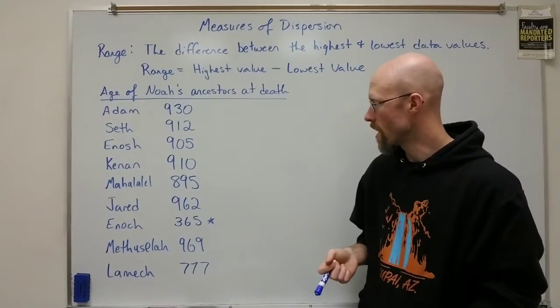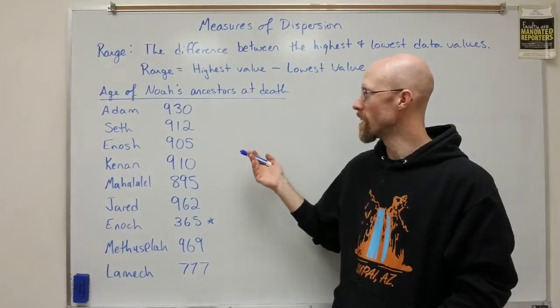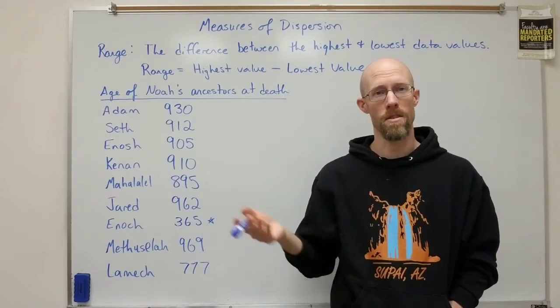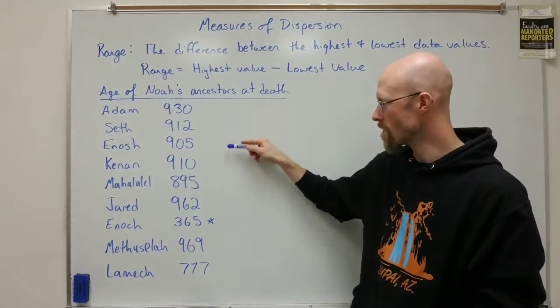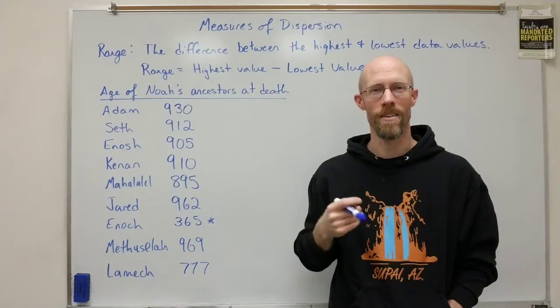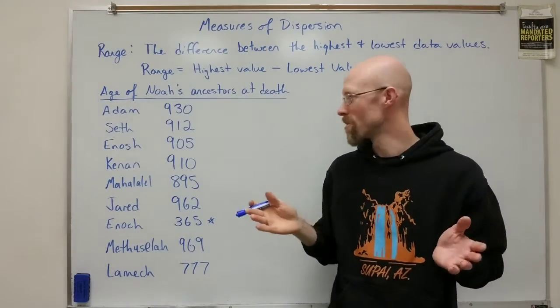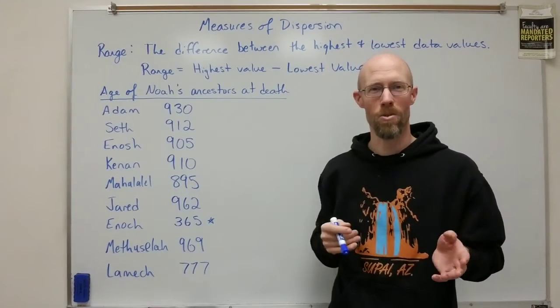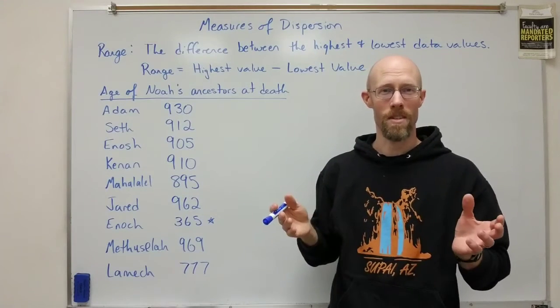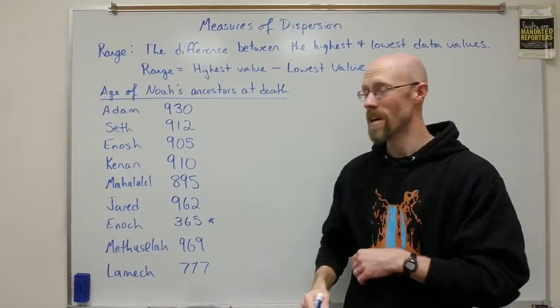Here I have a data set. What it is, I looked at the book of Genesis in the Bible and just kind of looked at the ages of Noah's ancestors when they died. Whether or not you believe these are actual years, or that these people actually lived that long or even existed, it's not what I'm here to convince you of.